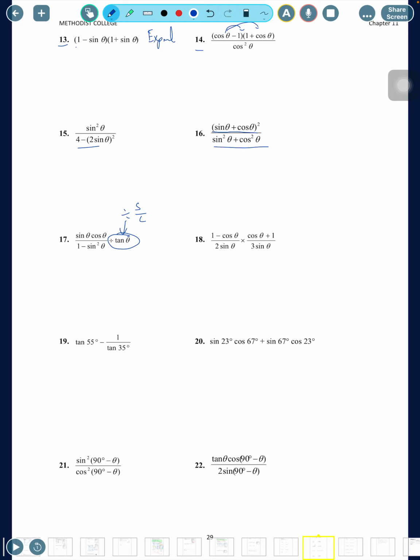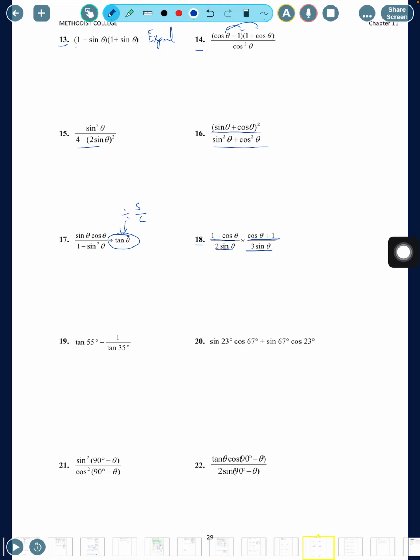For question 18, I think that's simple for you. 1 minus cosine times cosine theta plus 1, over 2 sine and then 3 sine. First of all, you cannot cancel out the upper part and lower part since there is nothing in common.